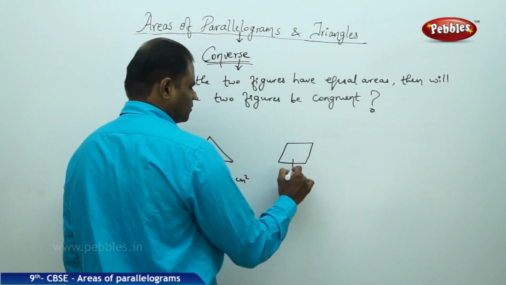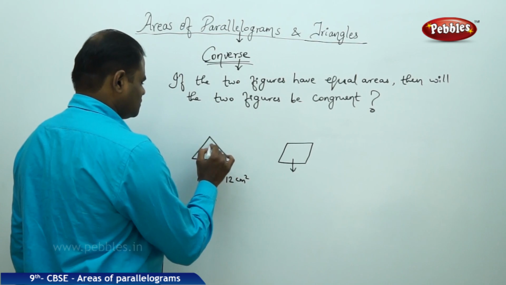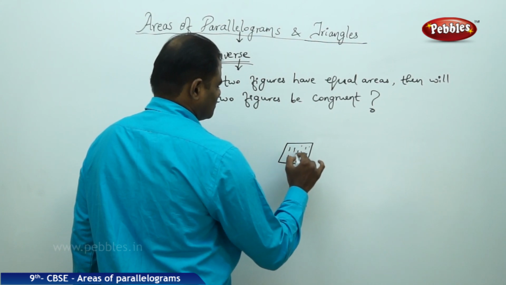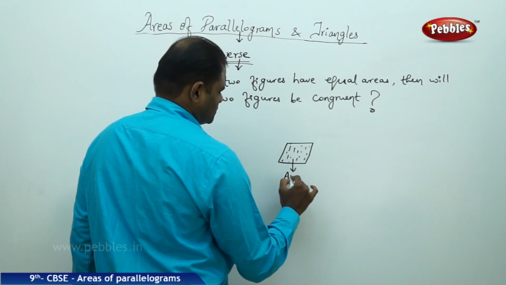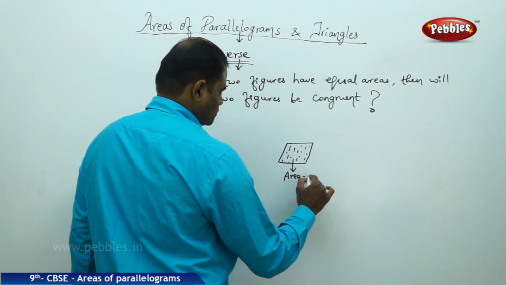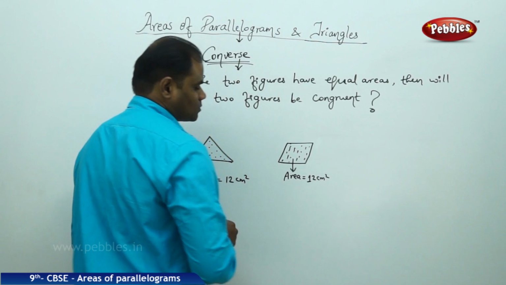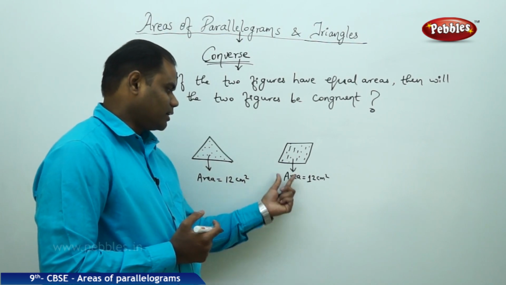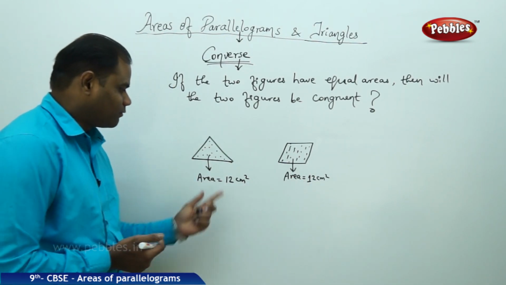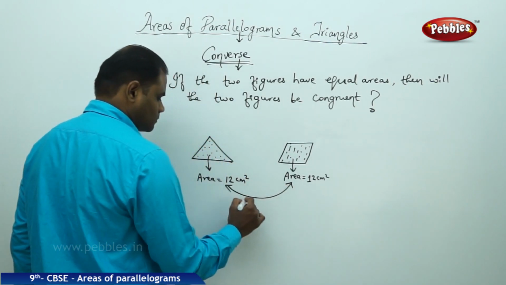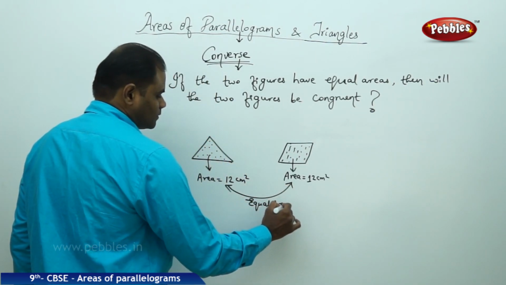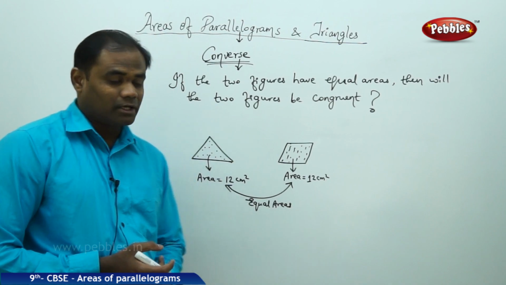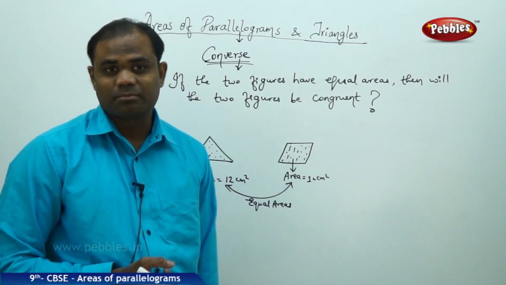And imagine I have a parallelogram whose area is also 12 centimeters square. Clearly the area of the triangle is 12 centimeters square and the area of the parallelogram is 12 centimeters square, and therefore the areas are equal. So I find the areas to be equal for both the triangle and the parallelogram. But are they congruent? Let's see if the triangle is congruent to the parallelogram.